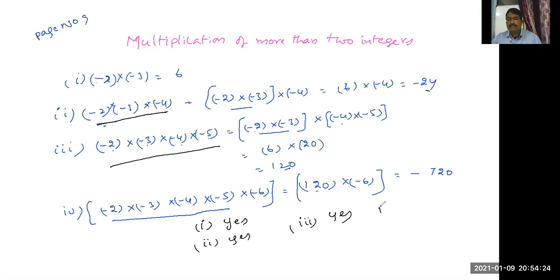Next, fourth one: the product of five negative integers is a negative integer. Here I take five negative integers. The answer is minus 720. Yes, right, so the answers are as I already wrote them.